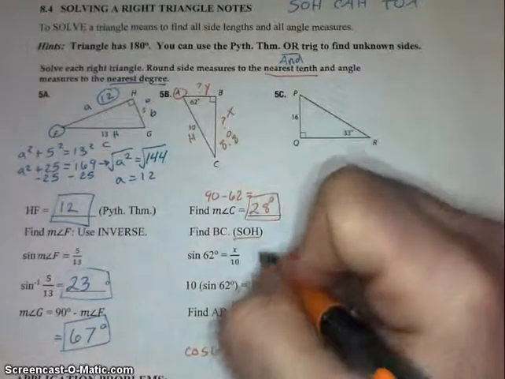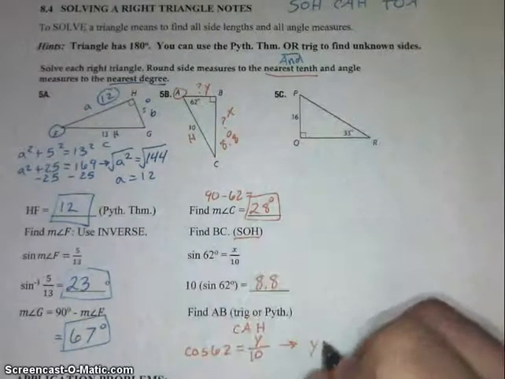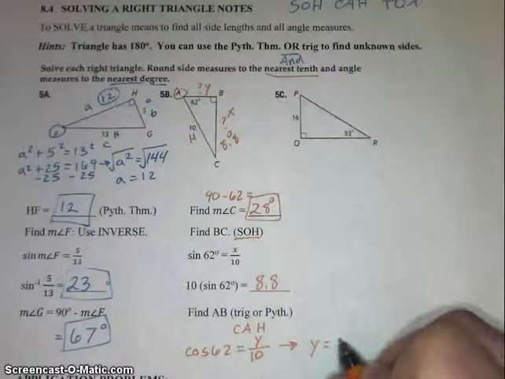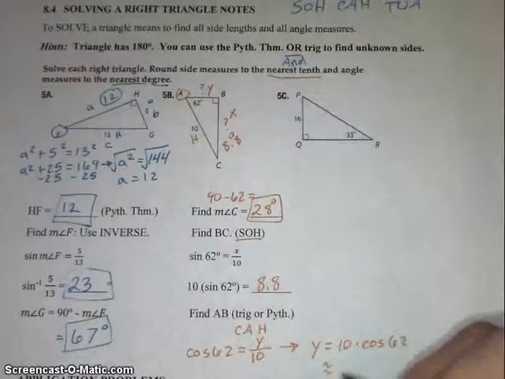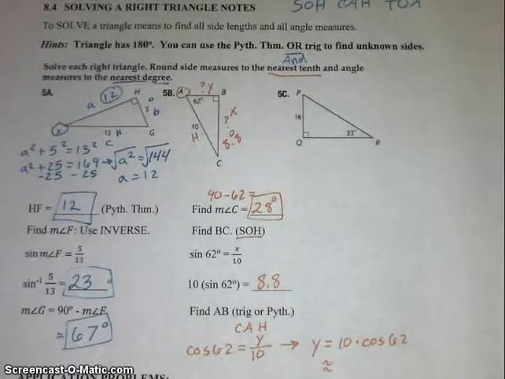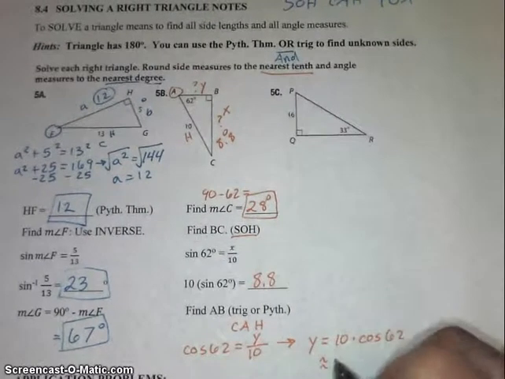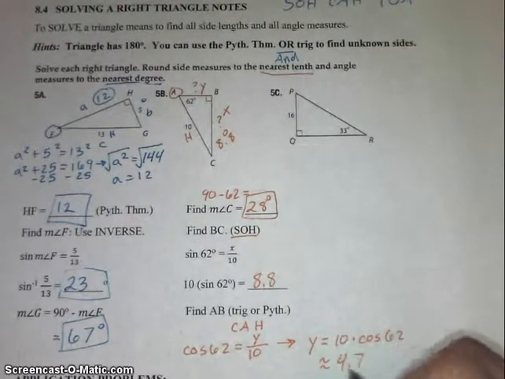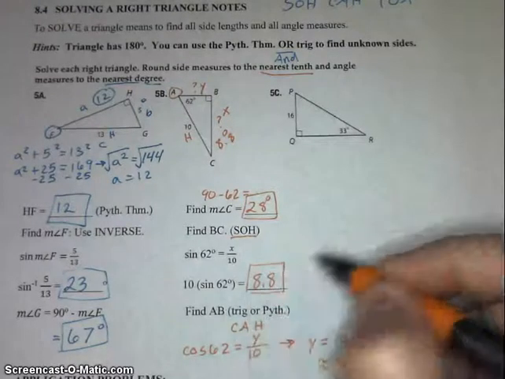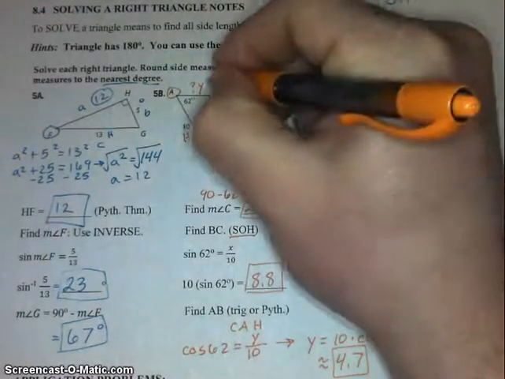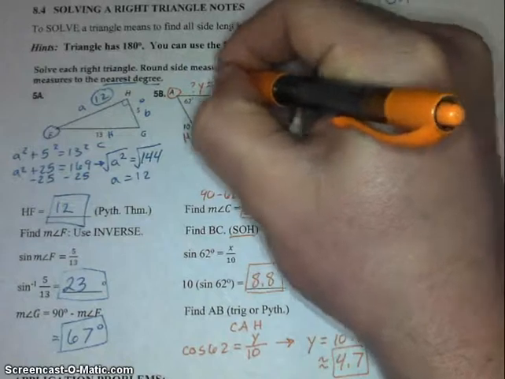So very similarly to how we got this, y equals 10 times the cosine of 62. Okay, and when we work that out, 10 times the cosine of 62 is about 4.7. So this value is about 4.7.